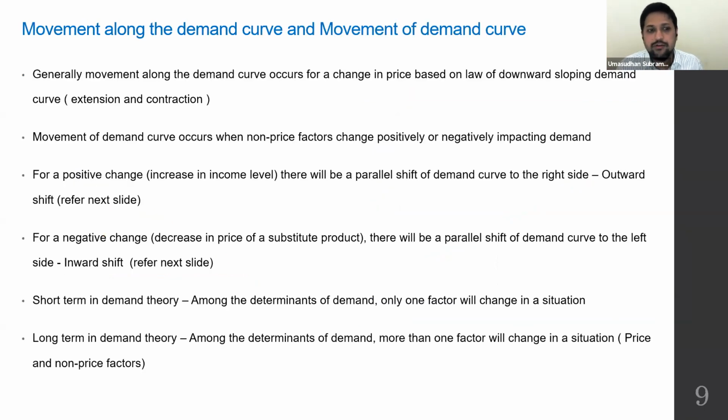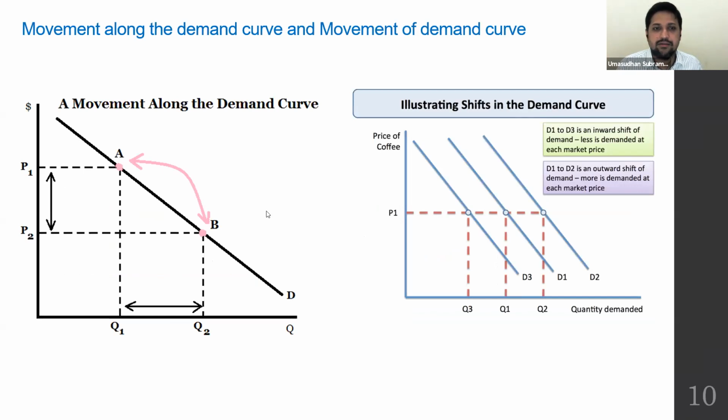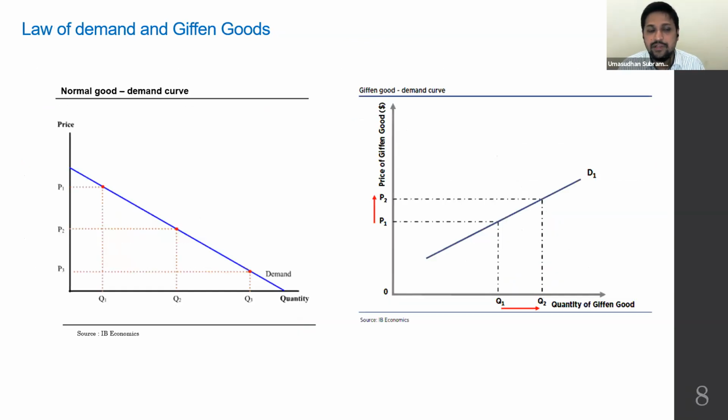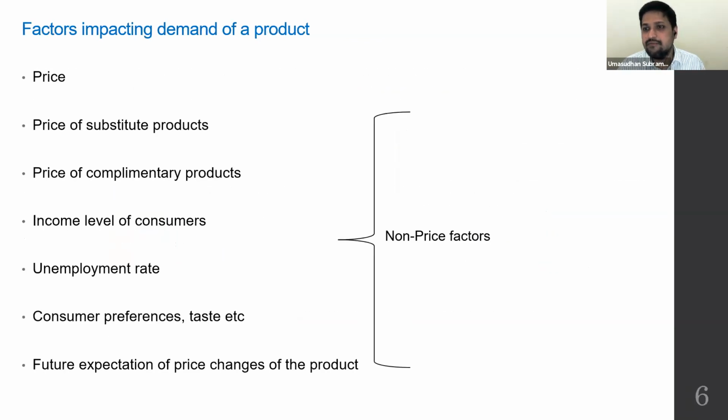Moving further down, on slide 10, we need to understand the difference between movement along the demand curve and movement of the demand curve. So what is the meaning of this? As we spoke about factors influencing demand of a product, we categorize the factors into two.